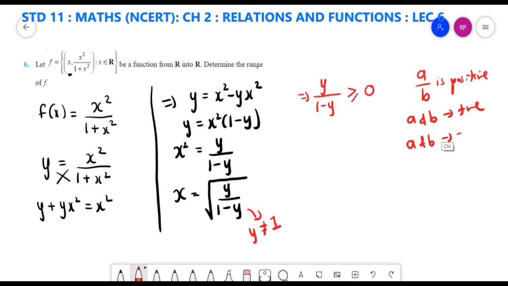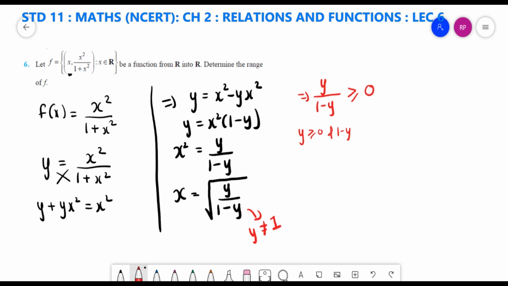So now here it is given that y upon 1 minus y is greater than or equal to 0. So either y is greater than or equal to 0 and 1 minus y is greater than or equal to 0, this is one case, or y is negative and 1 minus y is negative.